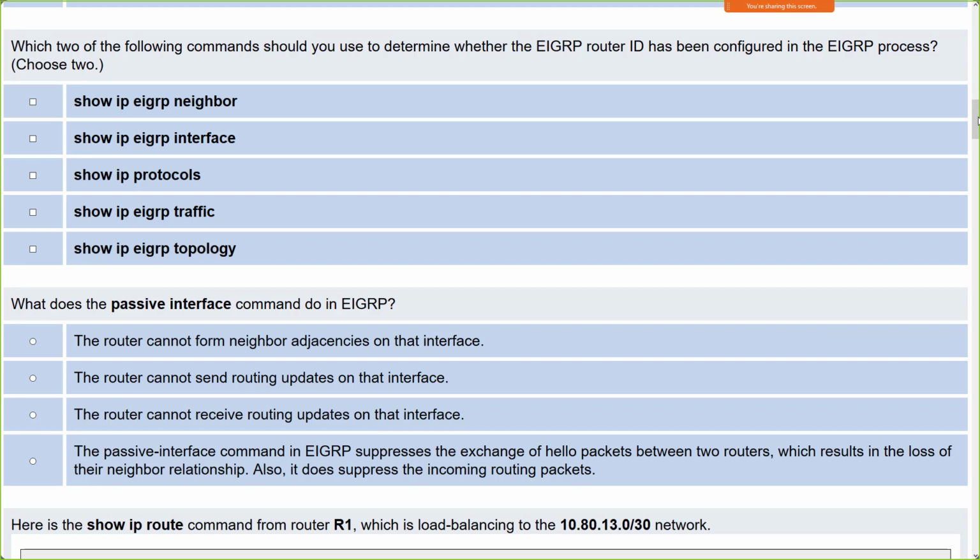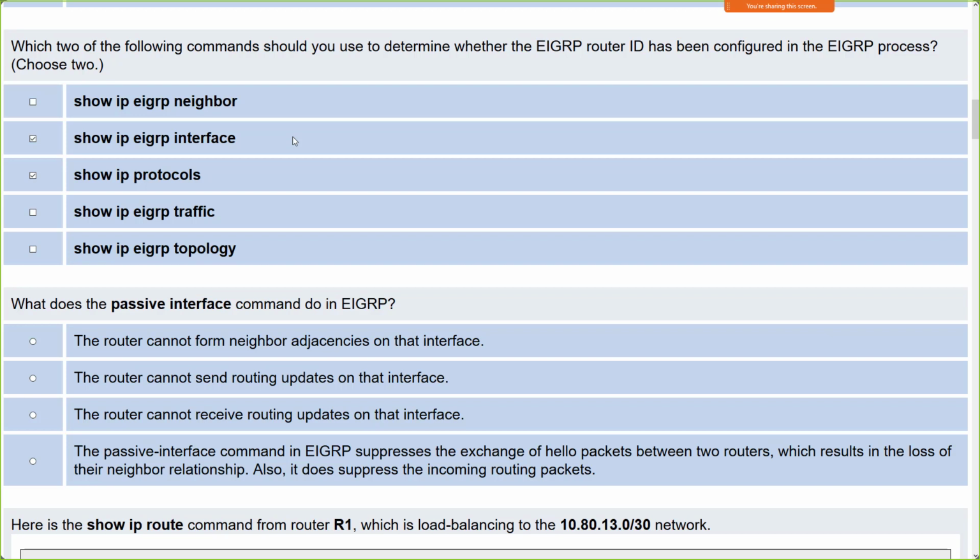So it would have to be a combination of a couple of different things, right? You'd have to look at show IP protocols, number one, to see what the router ID is, and you would probably use a show IP EIGRP interface to see the IP addresses of the interfaces and what interfaces are running EIGRP. Again, it doesn't really matter that they're running EIGRP, but I think what they're asking in this particular case is what two commands in combination would allow me to identify how the router ID had been established.